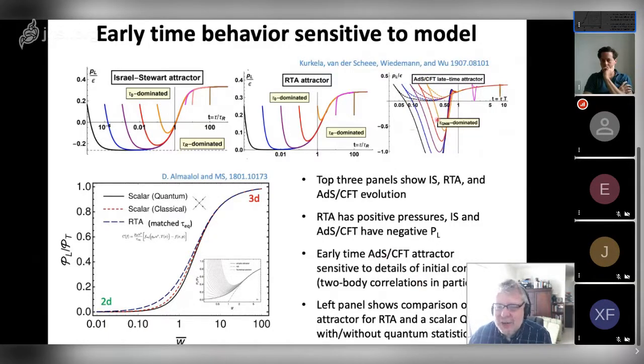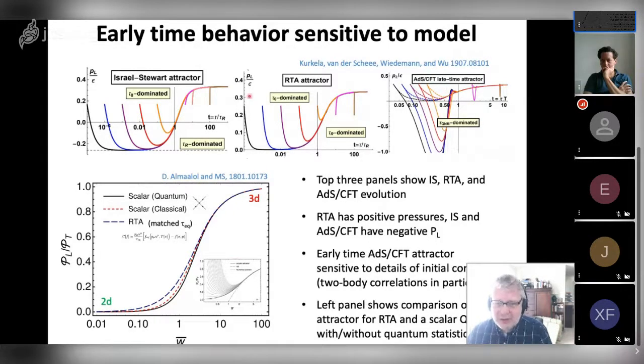If not, I don't know if this is really a physical initial condition that we can really talk about. It may be some kind of artificial result of taking too large two-body correlations. I don't know. In kinetic theory, there are no two-body correlations by assumption, because you are dealing with the one-particle correlation function. So this distinction is not even a question that we can ask in the kinetic theory.